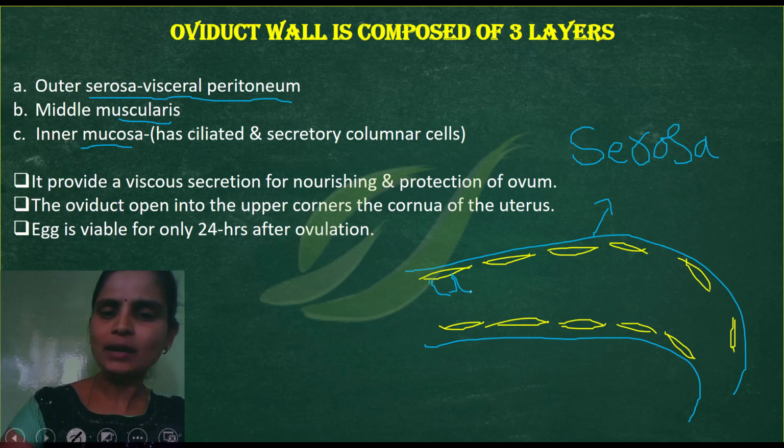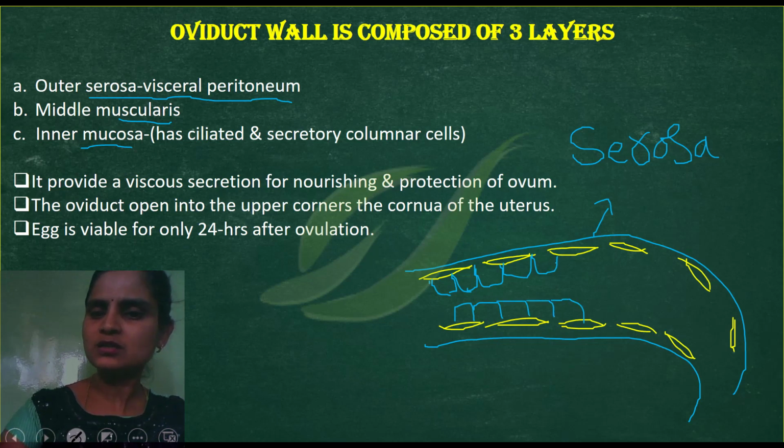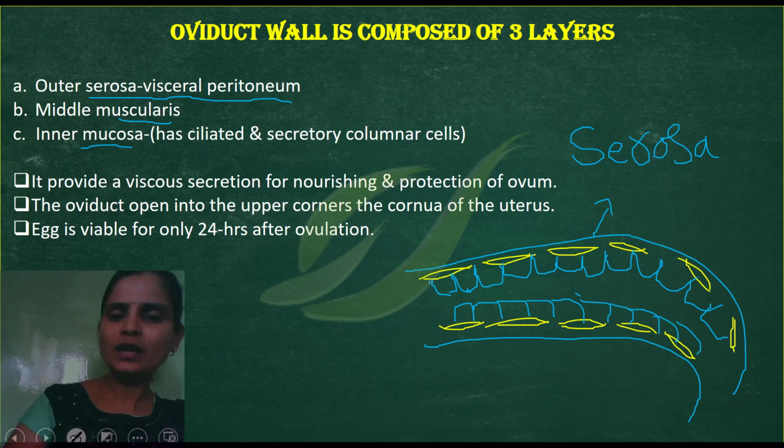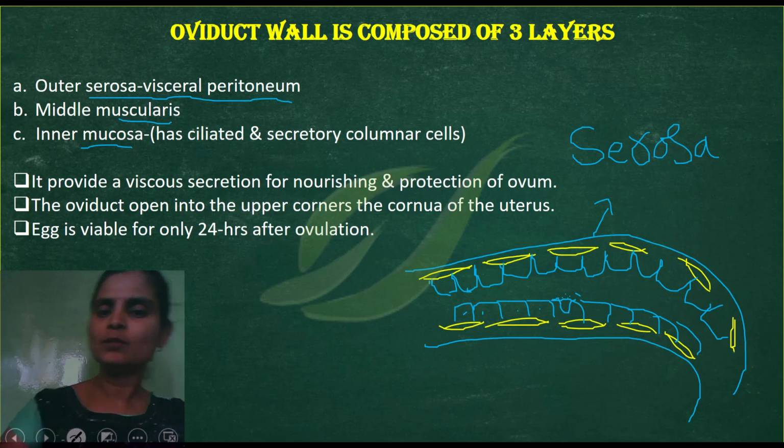Internal to it, the inner mucosa layer is present. Columnar epithelium cells will be present, which secrete mucus. Last year you studied different types of cells. Some of these columnar epithelium cells are modified to secrete mucus, and they are ciliated.